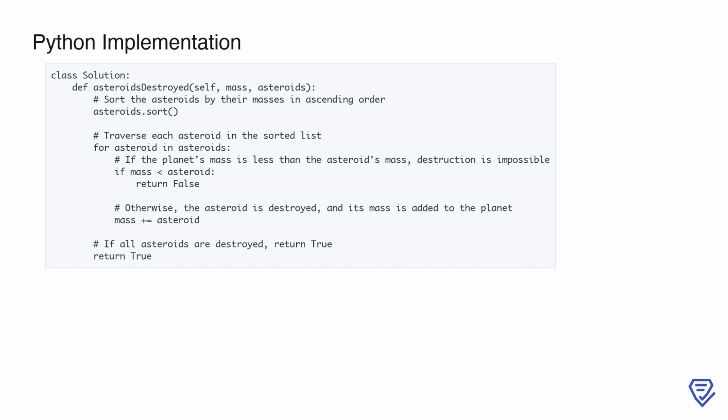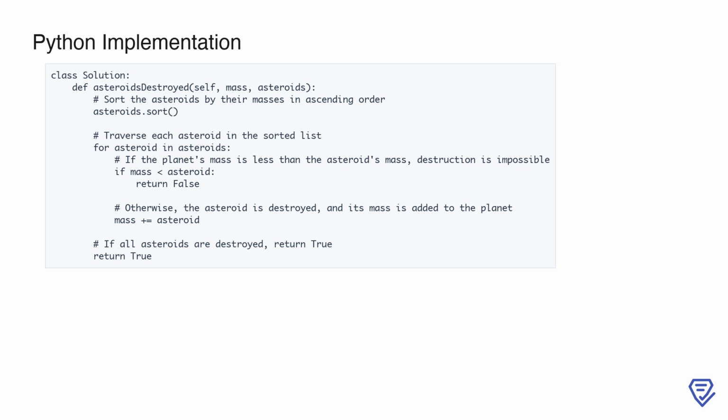Updating planet mass. If the planet's mass is sufficient, the asteroid is destroyed. The asteroid's mass is added to the planet's mass, effectively increasing the planet's ability to handle larger asteroids in subsequent iterations. 5. Returning the result. If the loop completes without returning false, it means all asteroids have been successfully destroyed, and the function returns true.